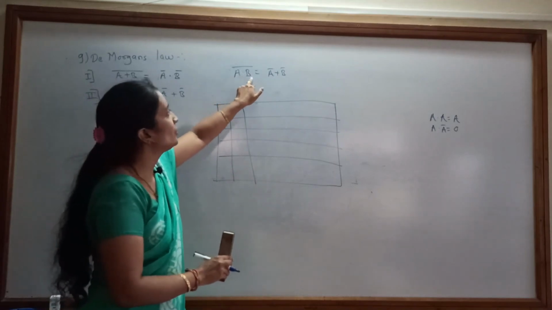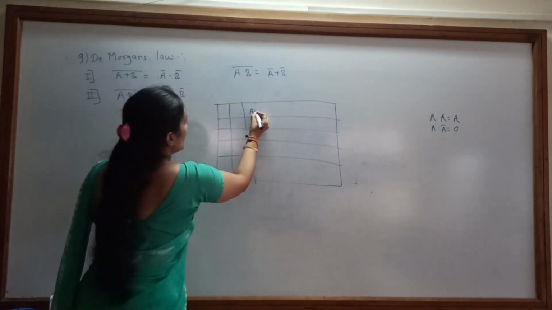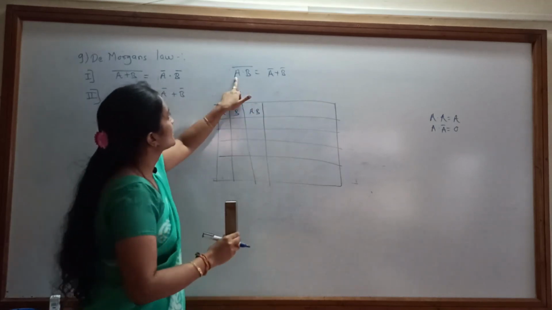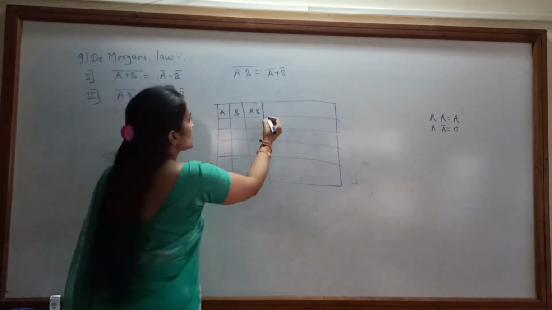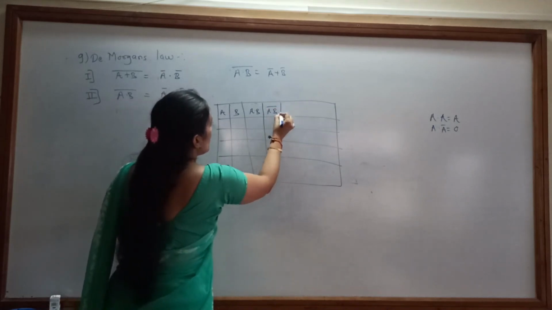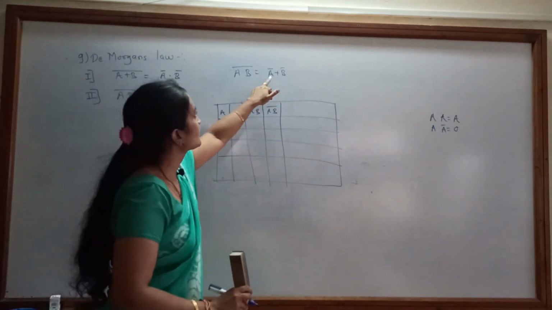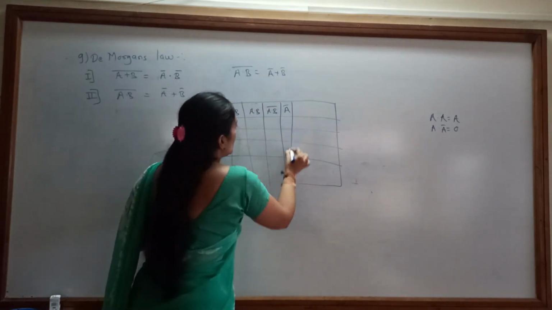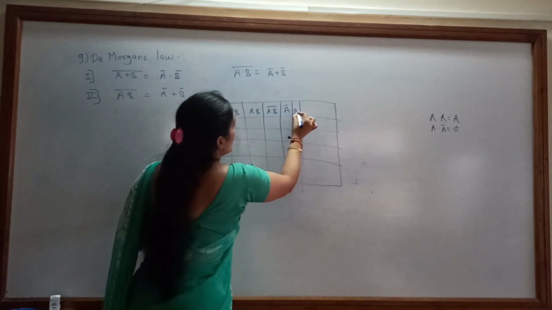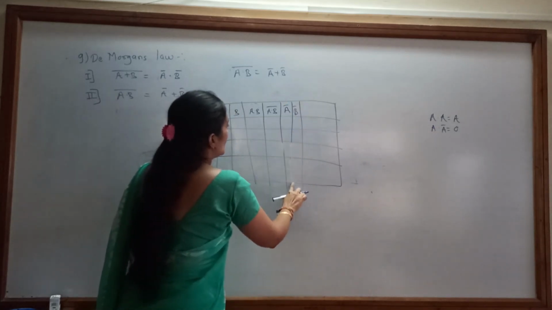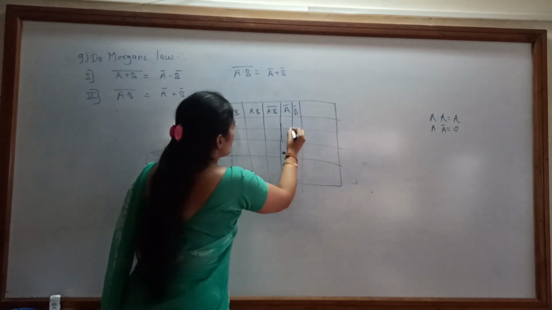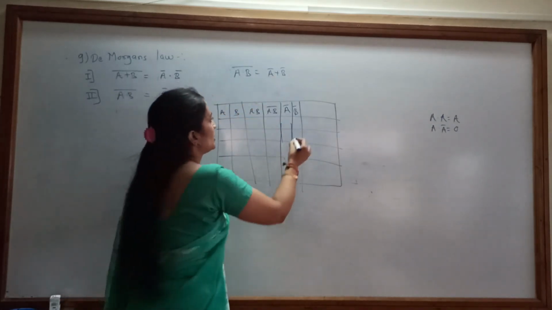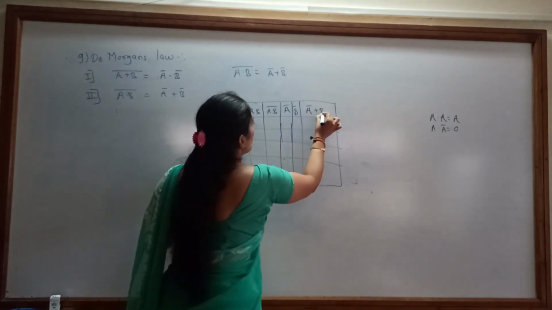For this we want A into B. Therefore I will write here A into B. Next is A into B whole complement. Next is here A complement and B complement. Therefore A complement, B complement, and last is A complement plus B complement.